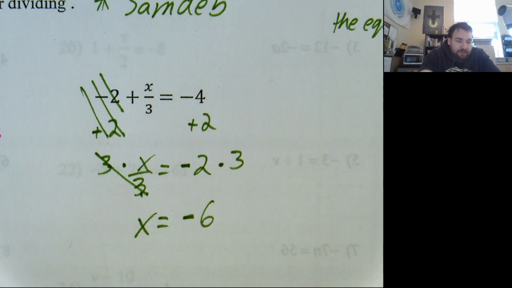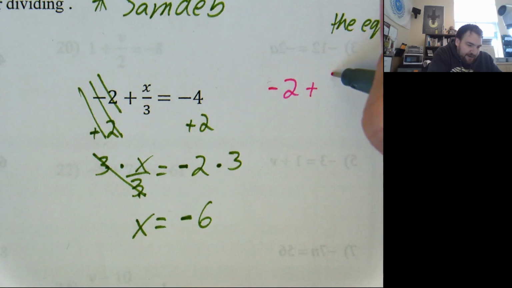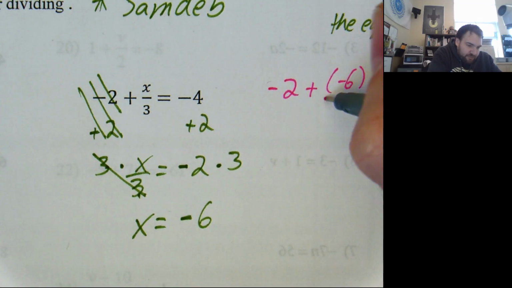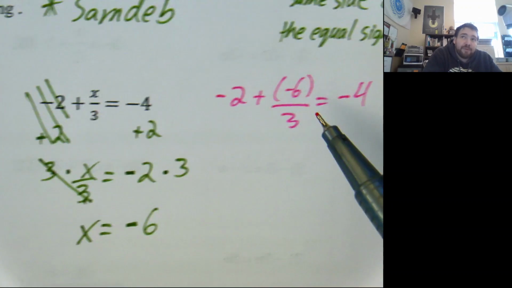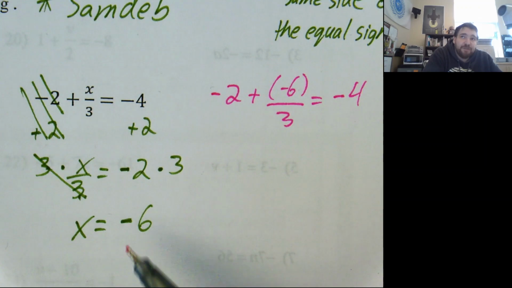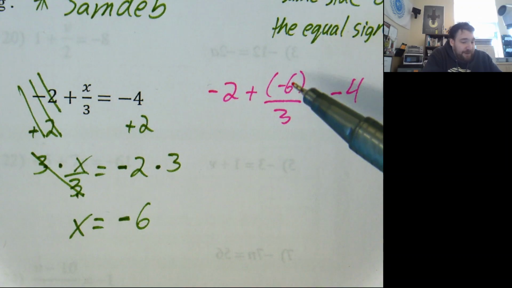We can check it. Let's plug it back in. I'm going to check by writing out my original equation and replacing my variable with what we think the answer could be. Now we're going to solve this thing using BEDMAS. BEDMAS says I do what first?